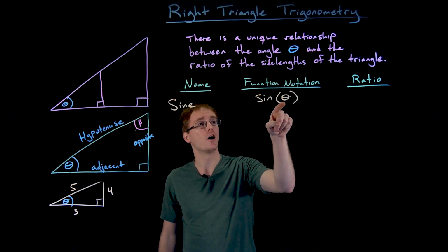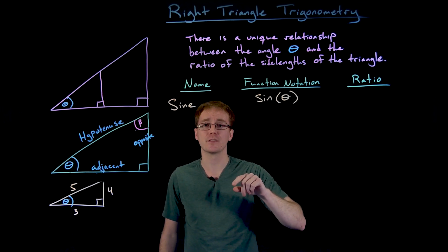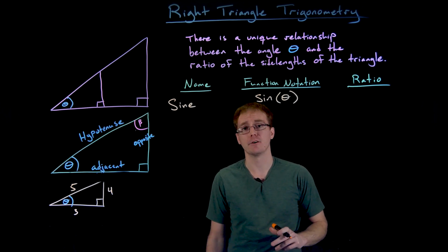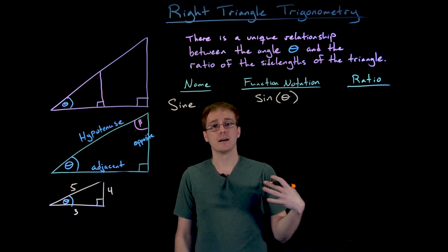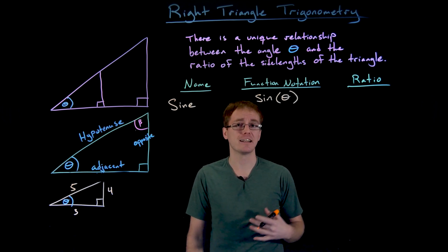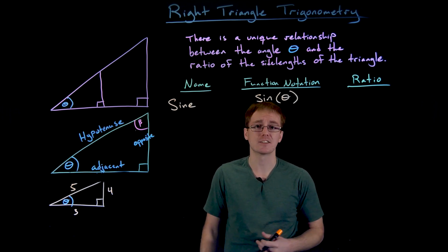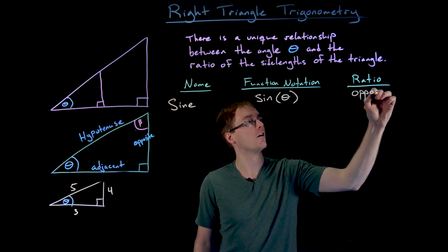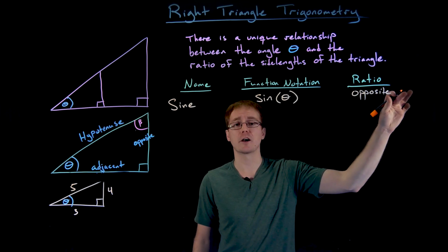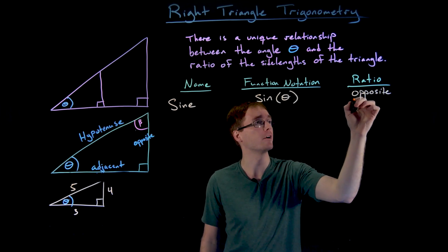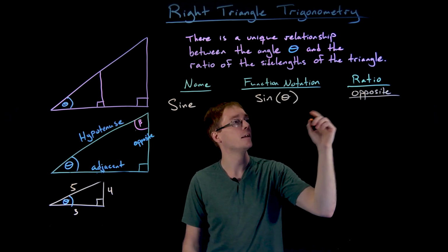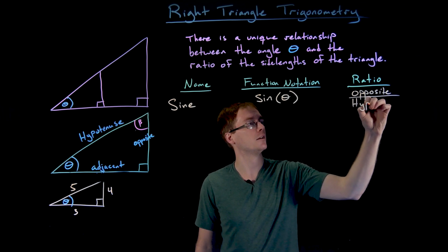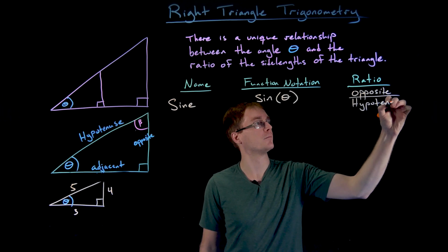So the input of our sine function is some angle theta, and the ratio is going to be the output of our sine function. How do we define it as the ratio of some side lengths in our right triangle? Well, it's always the opposite side length of our angle theta, although I'm not going to write that part because it takes up too much space. And we have to divide the opposite side length by the hypotenuse in our right triangle.